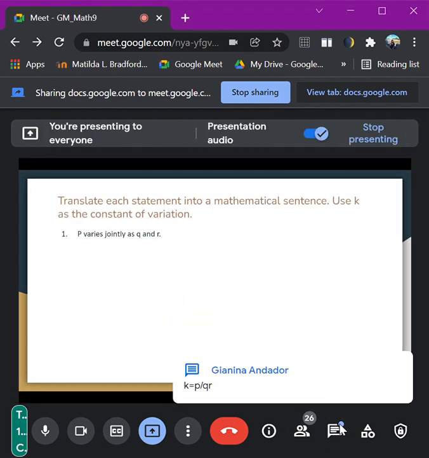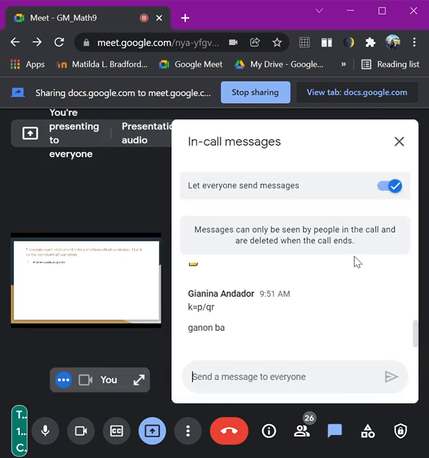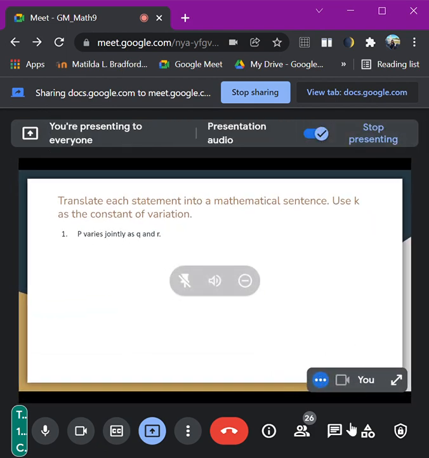Same as what was shown earlier. K is equals to P over Q times R. That is the constant. In getting the constant, that's okay, but let's do the equation first. P varies jointly as Q and R.